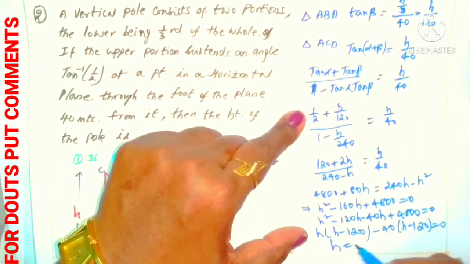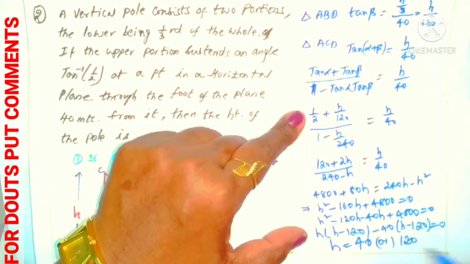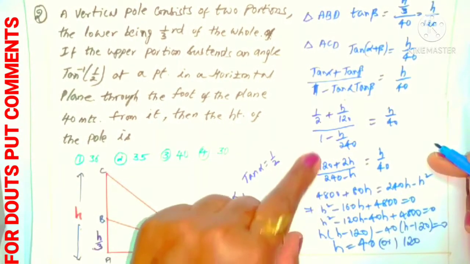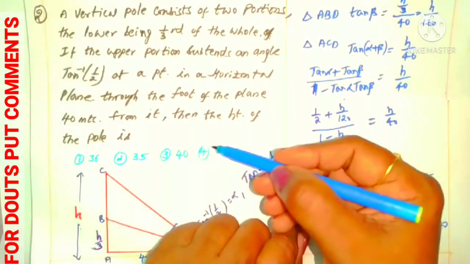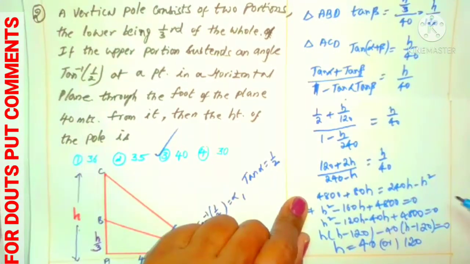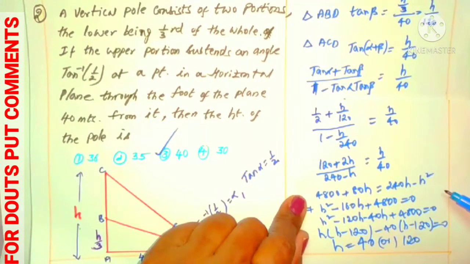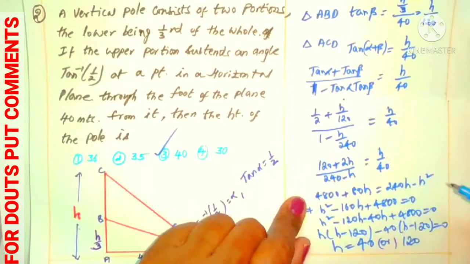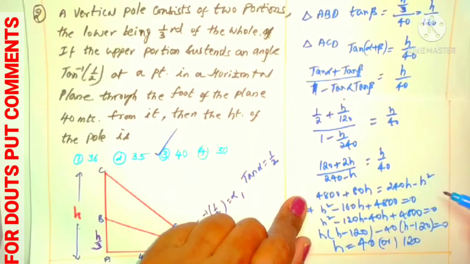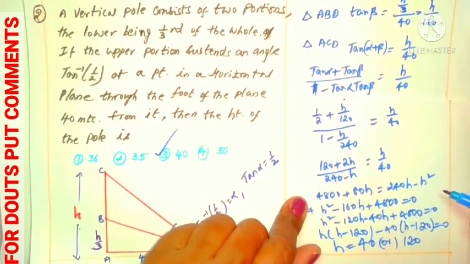Now we got the h values as either 40 or 120. Which option is there here? Yes, 40 is there. That is clearly the third option. 120 is not there. Just concentrate: h is what is asked, that is only the height of the pole. That's it. Is it clear now?